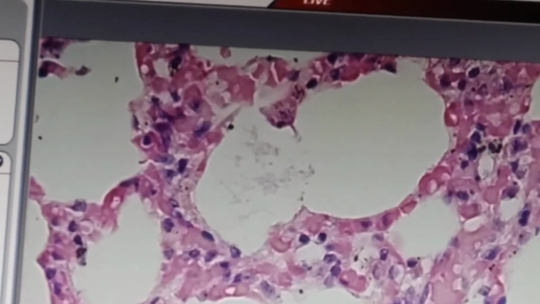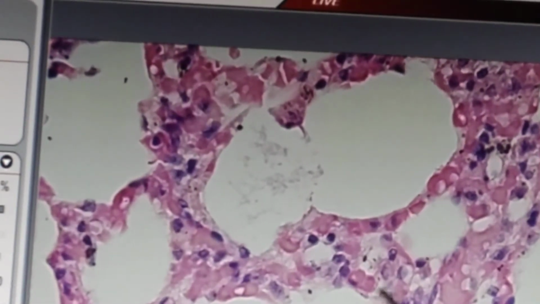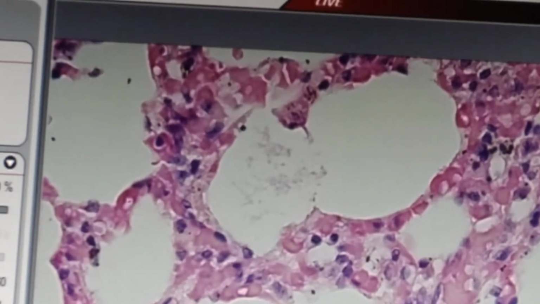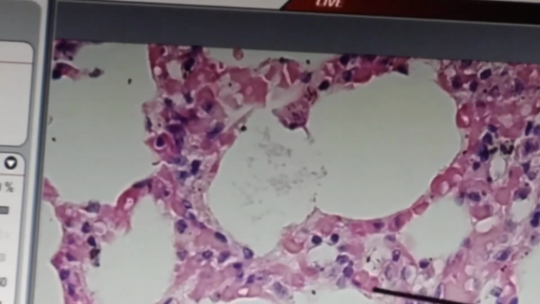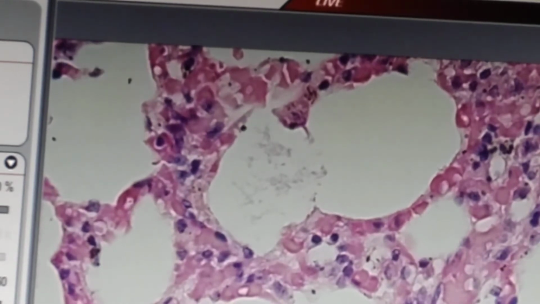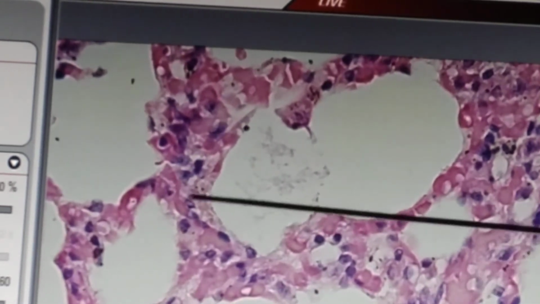Looking at the slide in high power, this is again the alveolar space or the alveolar sac, and it's lined with simple squamous epithelium. You see the nuclei of the cells, and there are adjacent other alveoli. In between, you're going to see the interstitium.